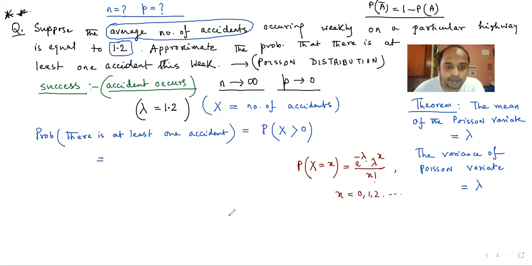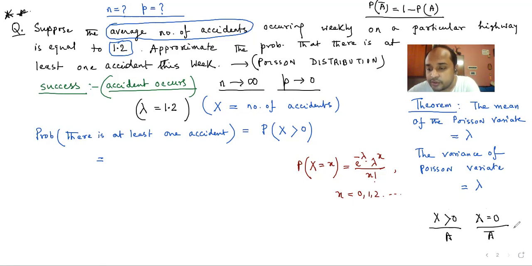Why? Because we know the complementary event to this particular situation, that is x greater than 0. If it is my event capital A, then its complementary event A bar will be x equal to 0, because x cannot take values lesser than 0, because x is a number.